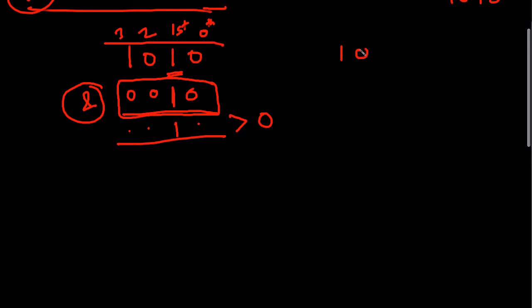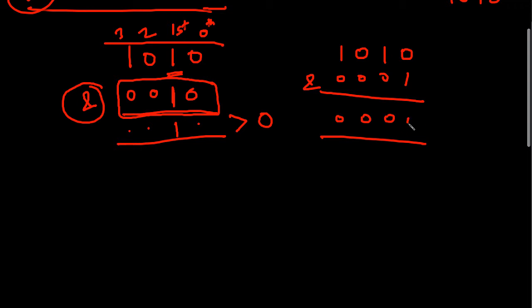So let's try that with this case. I have 1010, and if I wanted to figure out if the comedy bit was set or not, I do an AND operation. Essentially I'm turning off all the other bits, and when I do an AND here, I get back a 0. So it is equal to 0 and not greater than 0.